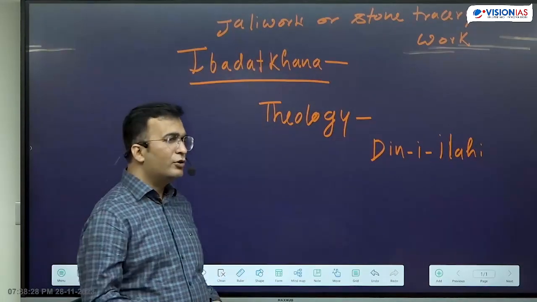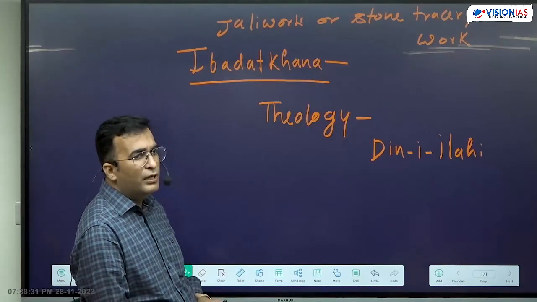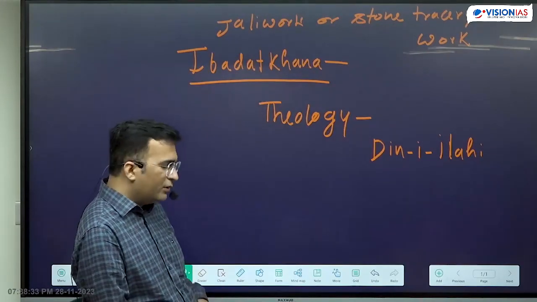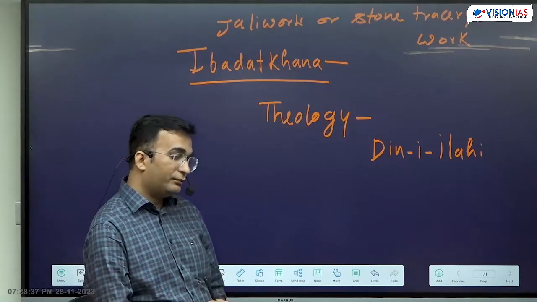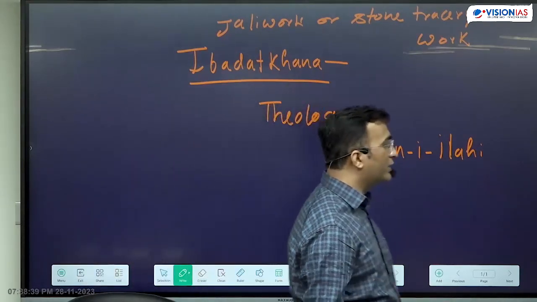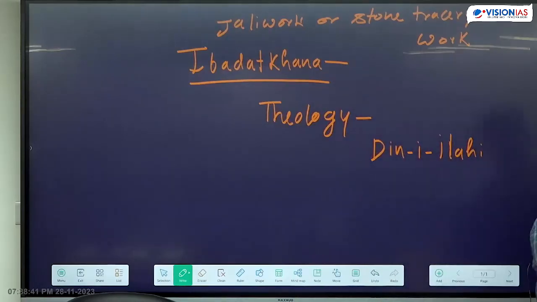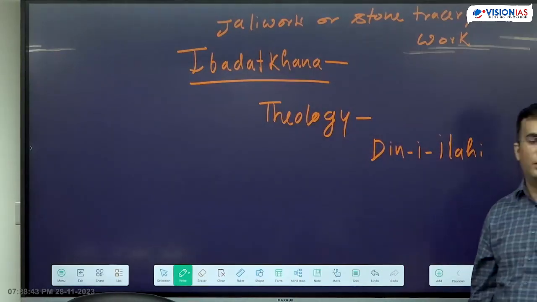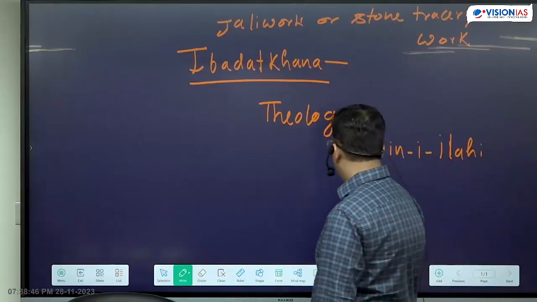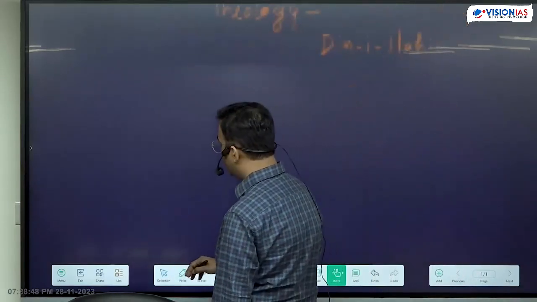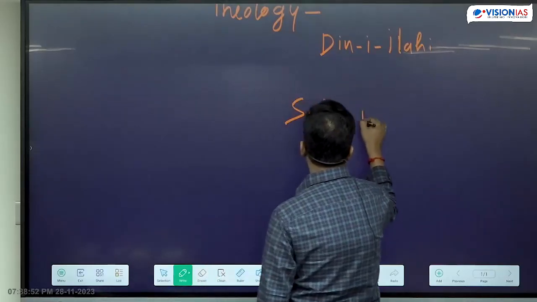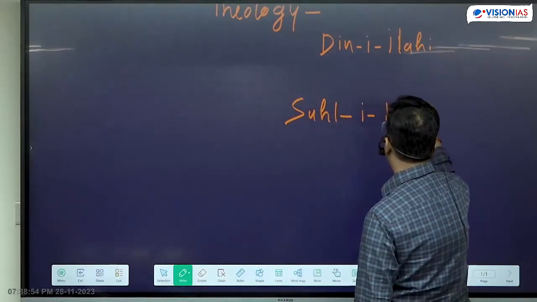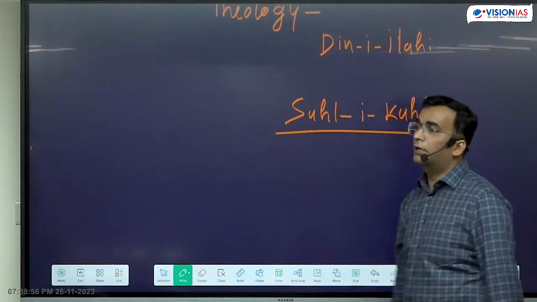Add one more thing to this. Have you written the Sulh-i-kul and everything? Mention it, write it in this. So, with this new religion, Akbar wanted to spread the message of Sulh-i-kul. You can see the spelling over here; write this only.